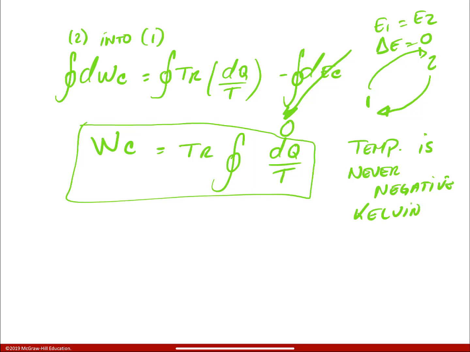Every time we're developing a thermodynamic equation, we work with Kelvin degrees, and there are no negative temperatures with kelvins. Why am I telling you this?